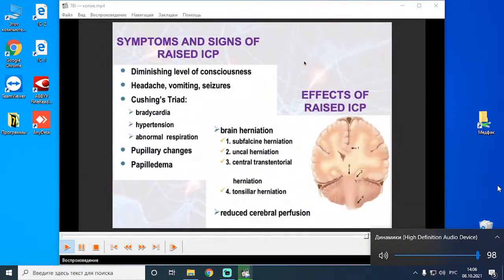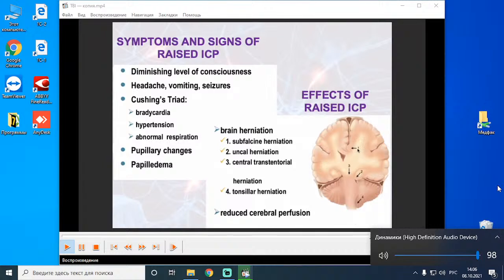Symptoms and signs of raised ICP: diminishing level of consciousness, headache, vomiting, seizures, Cushing's triad (bradycardia, hypertension, abnormal respiration), pupillary changes, papilledema, brain herniation, subfalcine herniation, uncal herniation, central transtentorial herniation, tonsillar herniation, here you can see it, and reduced cerebral perfusion.